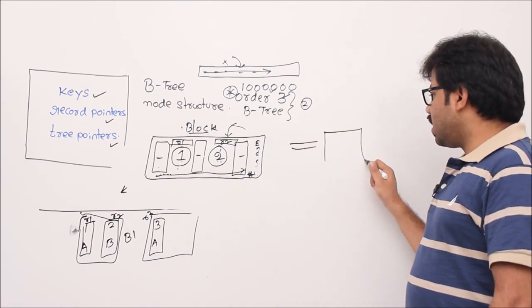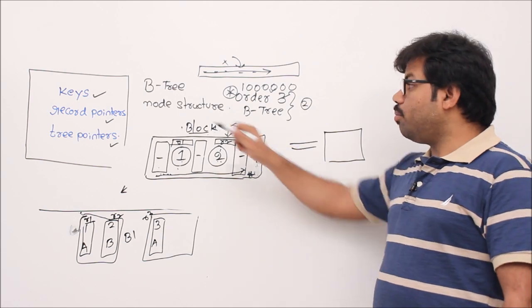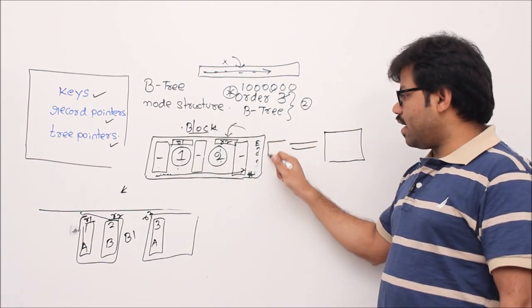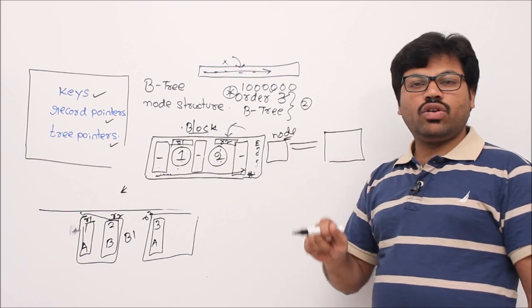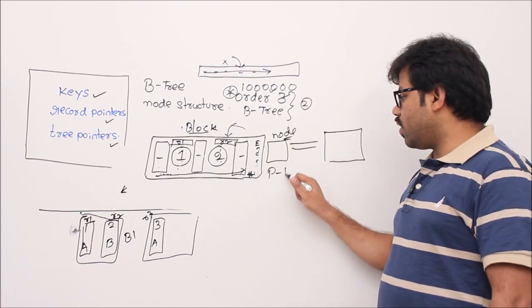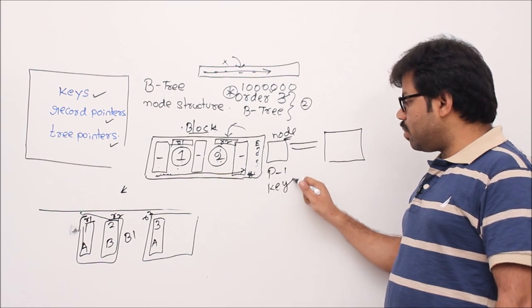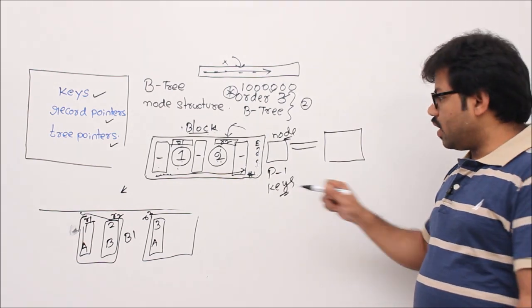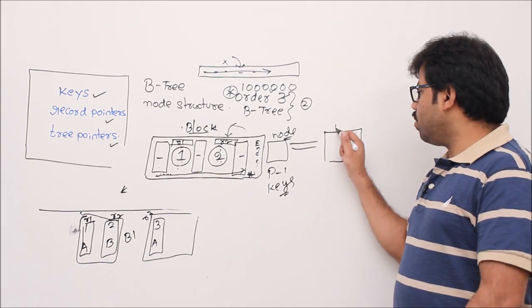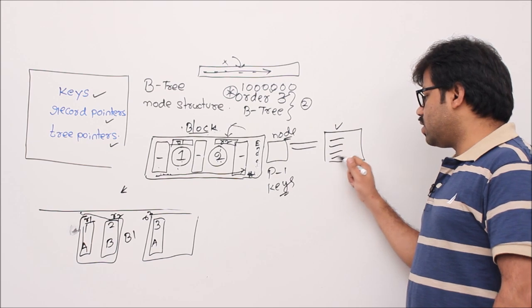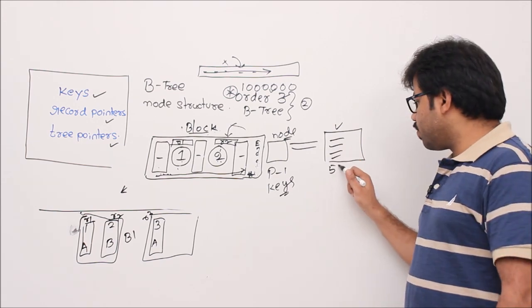DBMS has a restriction on block. Similarly, your B tree theoretically has a restriction on node: every node should have at most p minus 1 keys. Now I will tell you why they kept this restriction in theory. Because we are going to implement these B trees for DBMS, and in DBMS a block has a fixed size, for example 512 bytes.